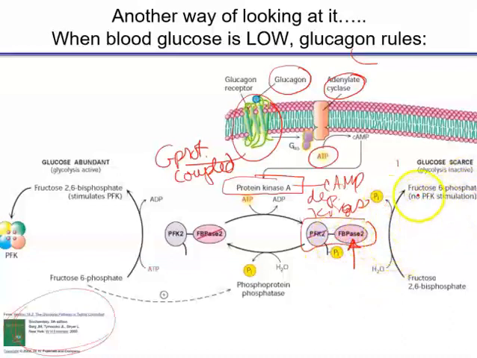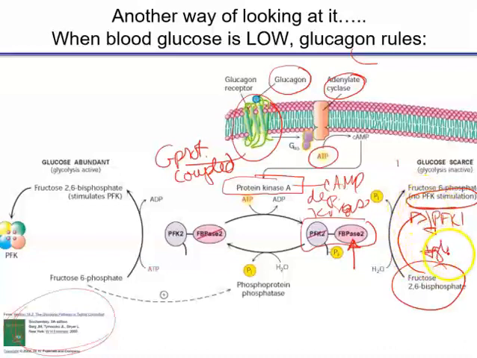And so we're going to have a reduction in the level of fructose 2,6-bisphosphate. And so you can see here that we get less fructose 2,6-bisphosphate. So there's no PFK1 stimulation and glycolysis is reduced.